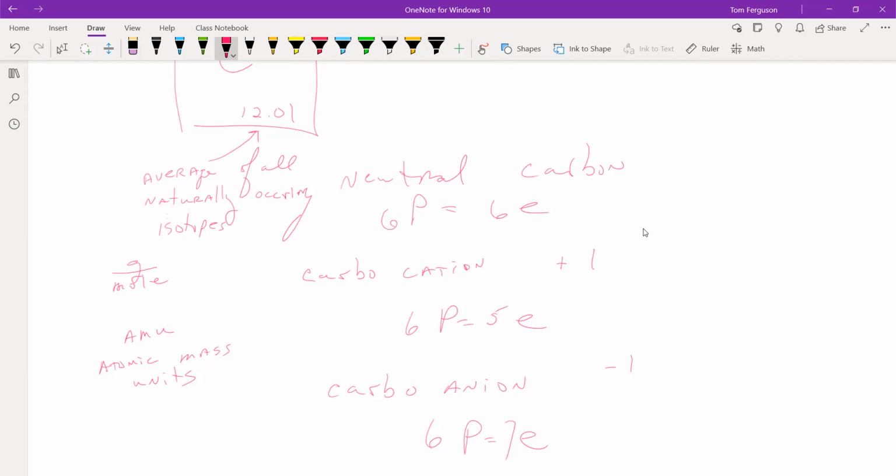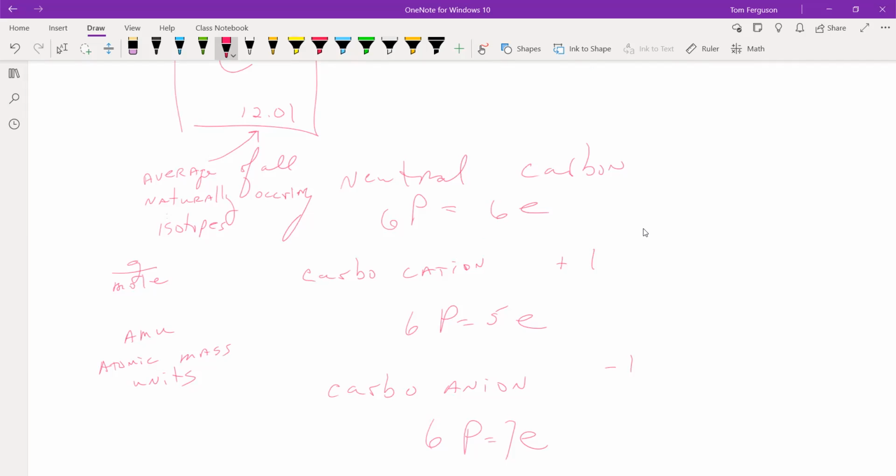Or it has 12.01 atomic mass units. Those are used interchangeably. If you have 1 atom of carbon, we talk about atomic mass units. If we have a mole of them, we talk about the molar mass, 6.02 times 10 to the 23rd. So that's the units of this.